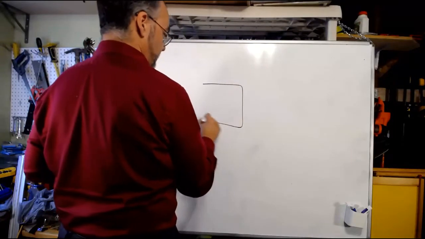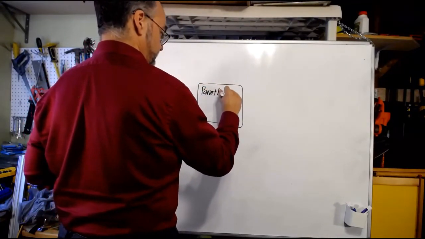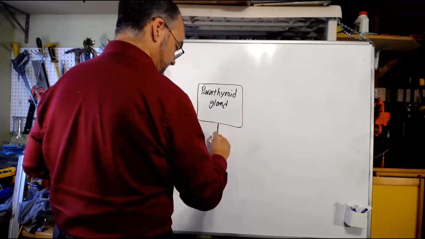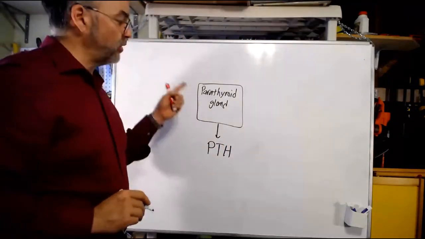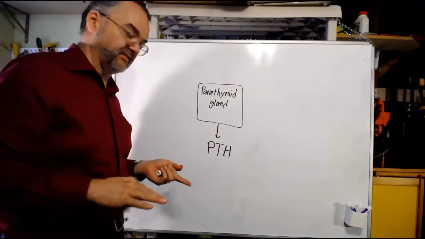So we're going to talk about, if this is our parathyroid gland, we're going to say that what it does is secrete PTH. And then what we want to know is what tells the parathyroid gland to secrete it or not secrete it.